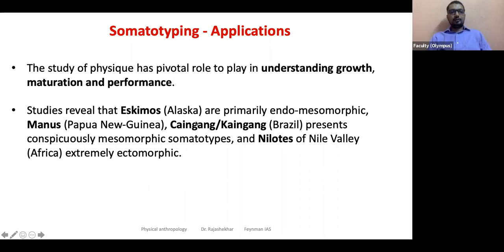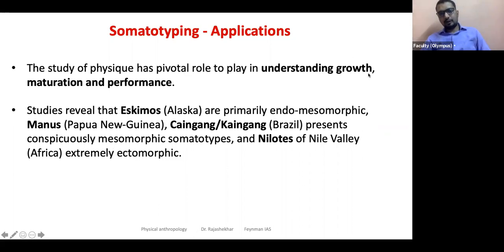Studies revealed that Eskimos from Alaska, people living in polar regions like Alaska, are primarily endo to mesomorphic in nature. Endo means more body fat, the requirement for sustaining in cold environments, and mesomorphic, so endo to mesomorphic there. And like that, Manus in Papua New Guinea, an island near Australia, ethnic groups from Manus and Kaingang, either spelled as Caingang or Kangang, who are natives of the Brazil region, these two categories, Manus and Kaingang, are more mesomorphic in nature.